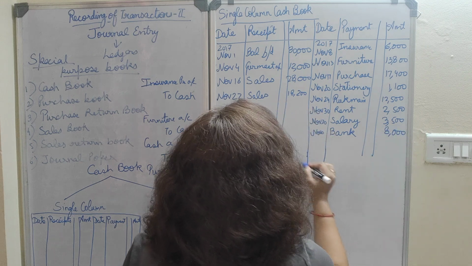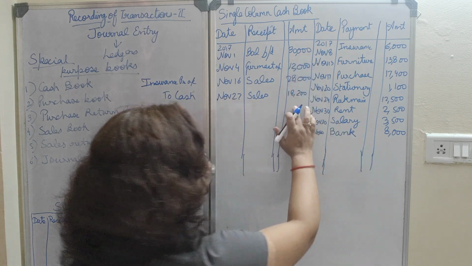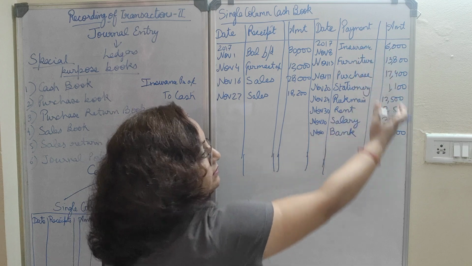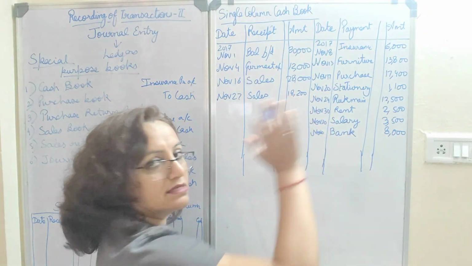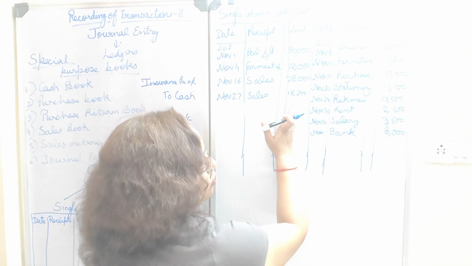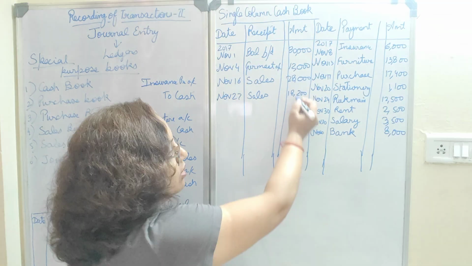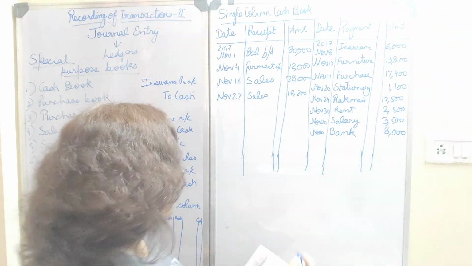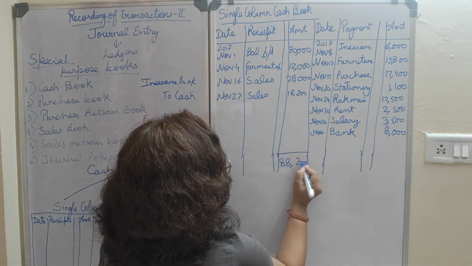Now what we do? We see that this side balance is more, okay, and this side total is less. So whichever side has less total, we subtract that side from the total of the higher side, okay. So when we add all the debit items, we get the total of 88,200.